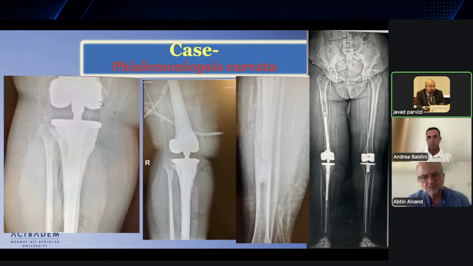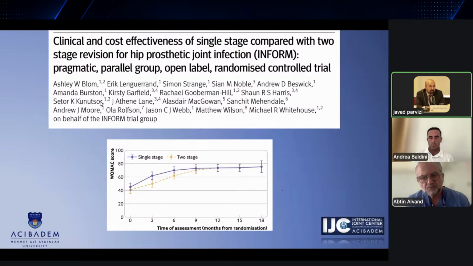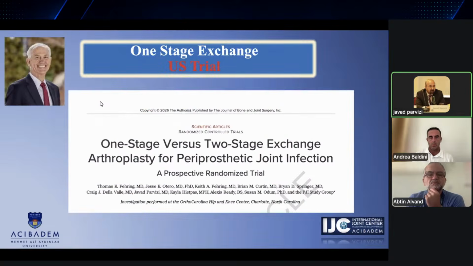Now, interestingly, the U.S. trial that you mentioned, I don't know about the UK Swedish trial, Abtin, but in the U.S. trial, we excluded fungal infection for one-stage exchange. That's the only thing we didn't include.